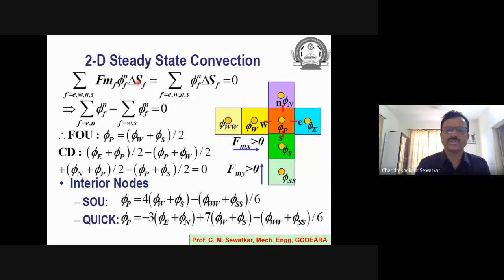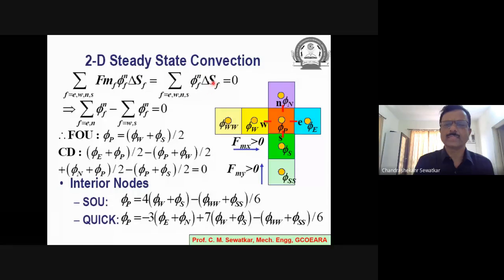So this equation, instead of the equal to sign, I should have put it here. This equation implies that the summation over east, west, north, south faces of phi_F at the nth time instant, phi_F in the normal direction into delta S_F, is equal to 0.